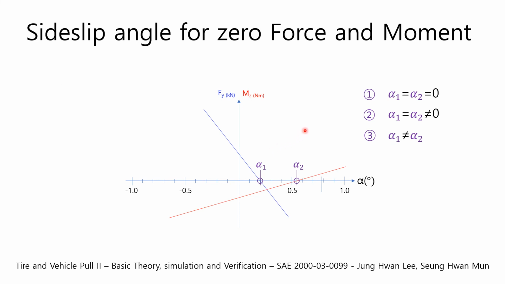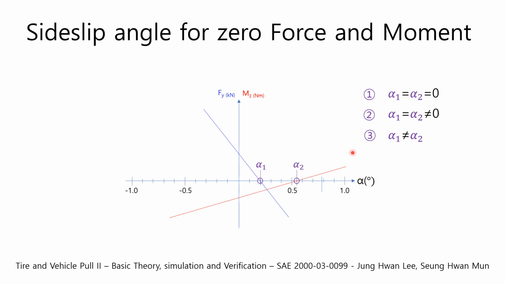Lee and Moon called the intersections alpha 1 and alpha 2. They theoretically explained conicity and plysteer effects in 3 cases. In the first case, alpha 1 is equal to alpha 2, and both are equal to 0. In the second case, alpha 1 is equal to alpha 2, but both are not equal to 0.